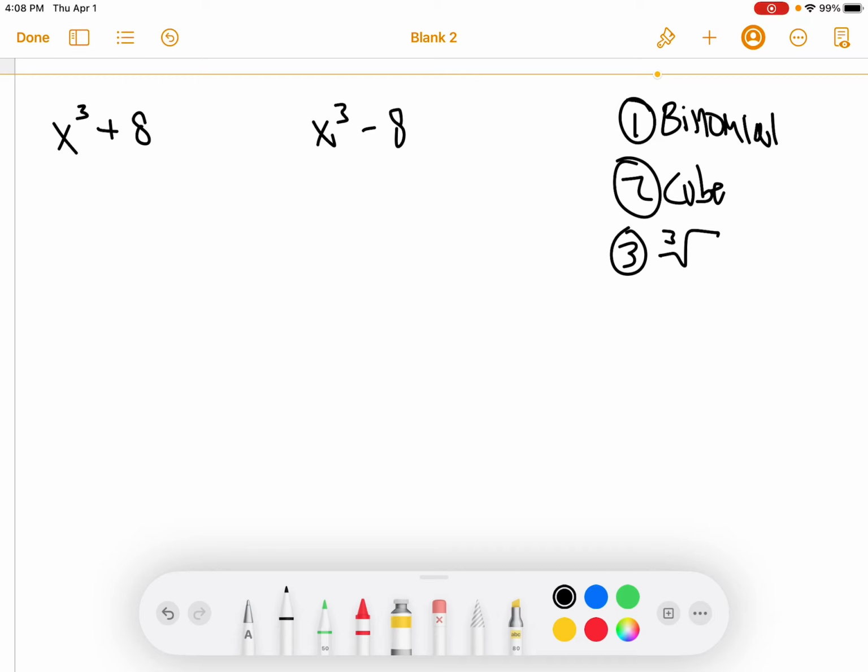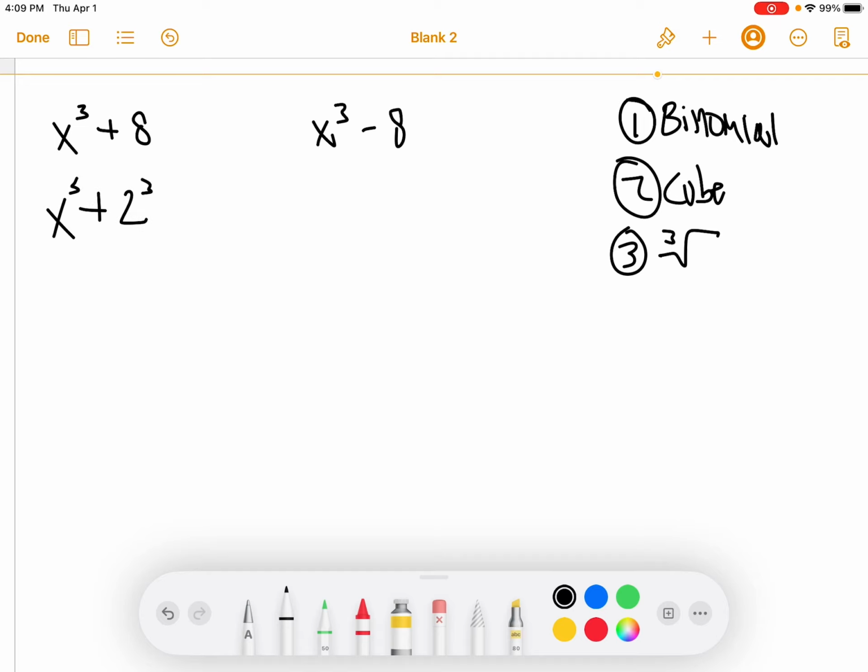So what you first have to do, similarly with the other one, the difference of squares, you have to take the cube root of the things. So then you get x, and then you get pretty much 2. But we're just going to leave it like this, actually.